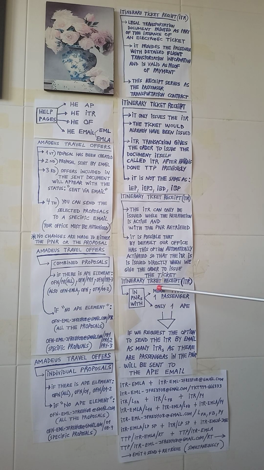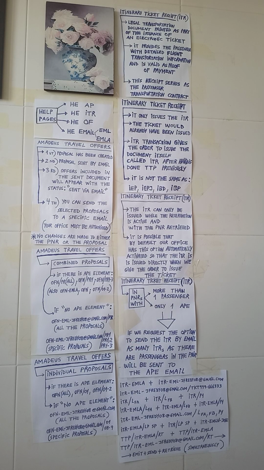When we have both things at the same time in the PNR, okay? And I am going to explain this situation in the big paragraph, okay? Here I am going to speak about this situation, okay?